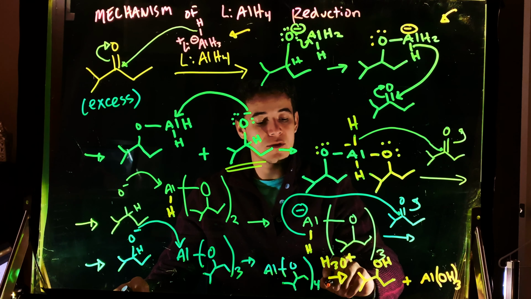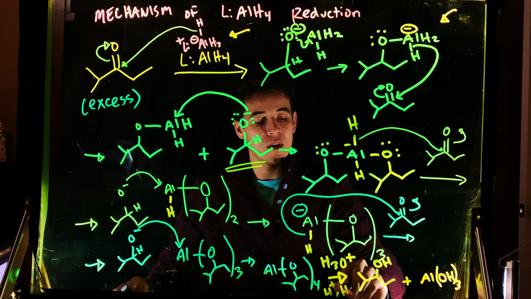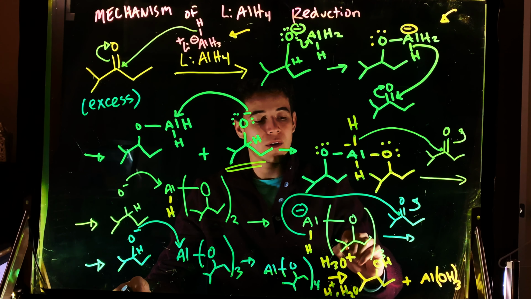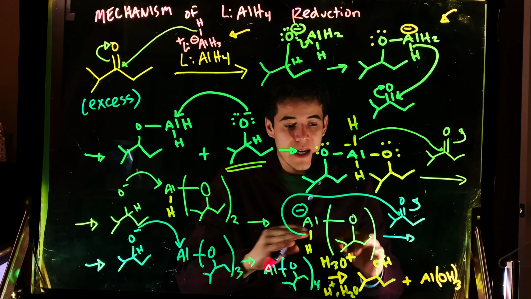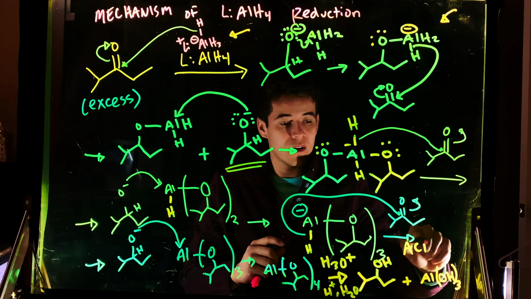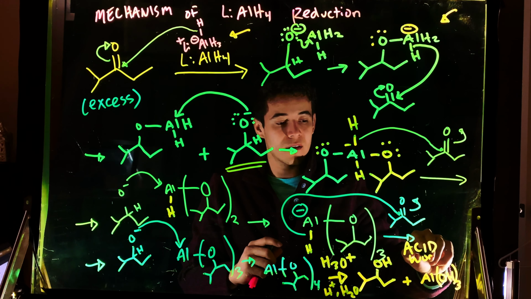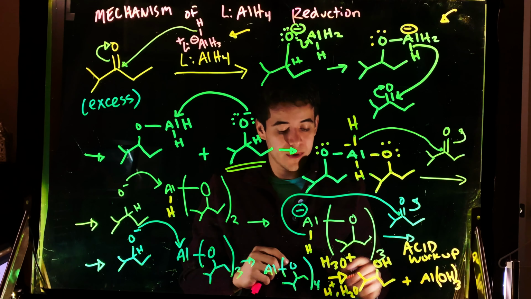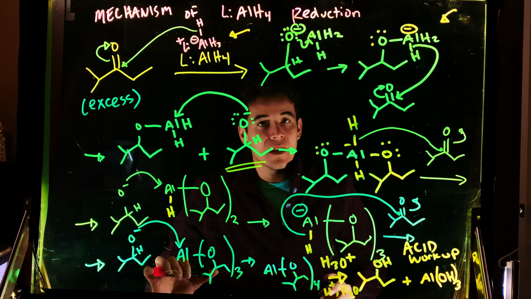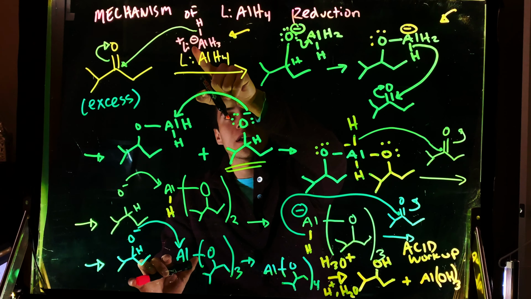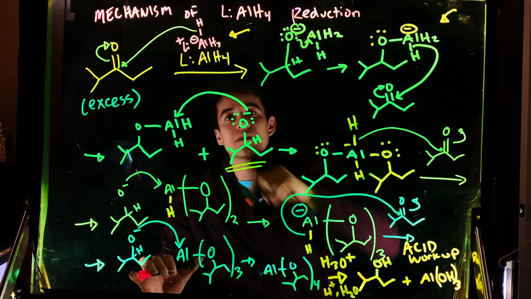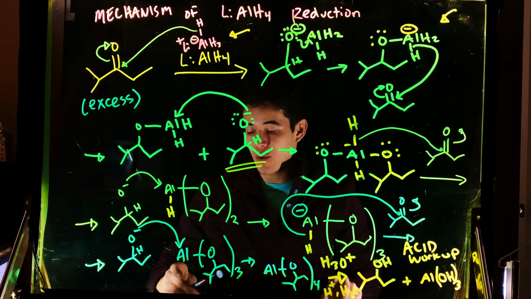Now you can think of this H3O plus as H plus and H2O, okay? All right, guys, so that's the last step there. That was our acid workup, okay? And remember, every time we have a negative charge floating around, just like we had here with the aluminum that was negatively charged, there's a positively charged lithium that's floating around.